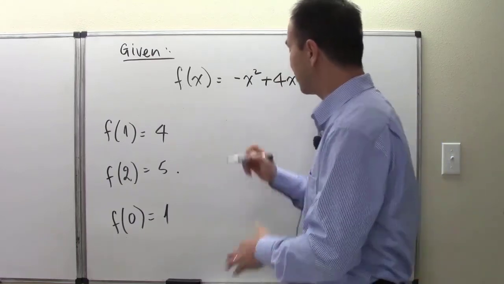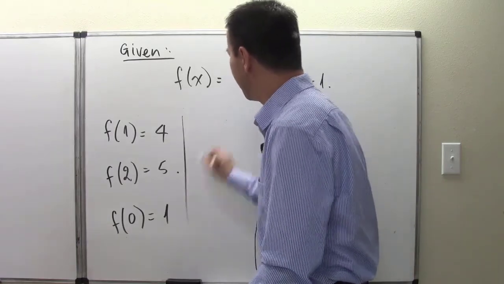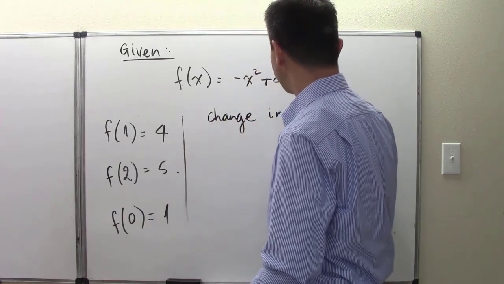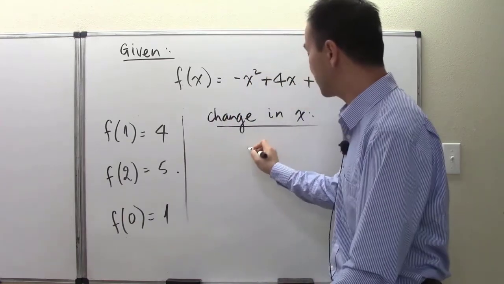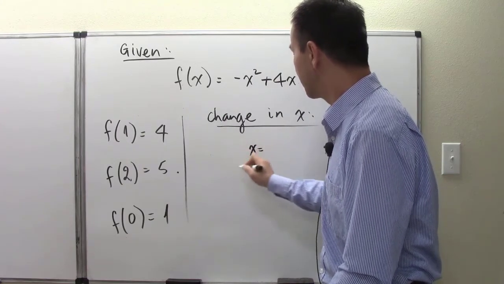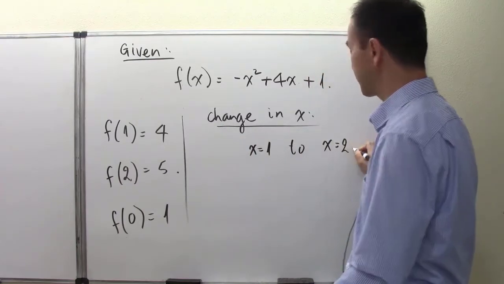And let's now just look at one particular change in x. Let's specifically start at x equals 1 to x equals 2, for example.